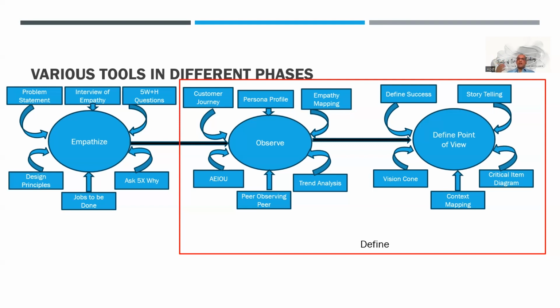Trend analysis is about what usually happens in a normal, legitimate way, what the trend is and what is expected to happen. Then peer observation, which usually comes into the picture where interviews are not expected to happen.